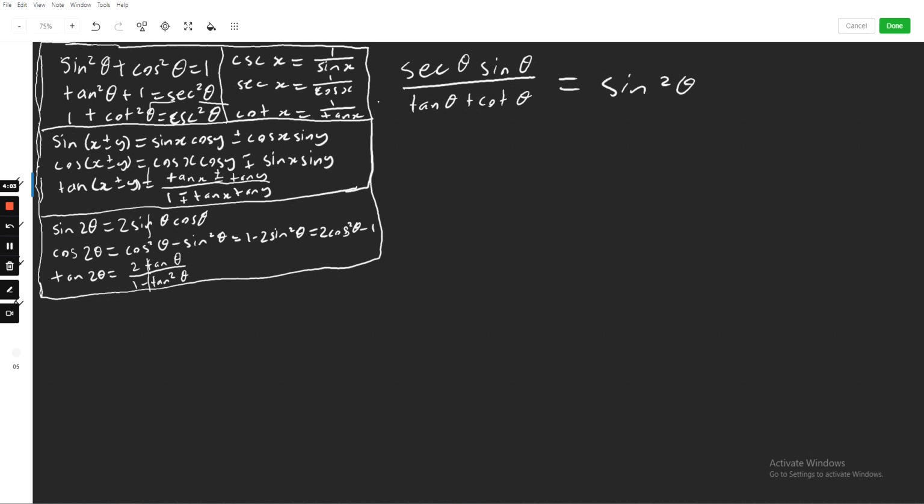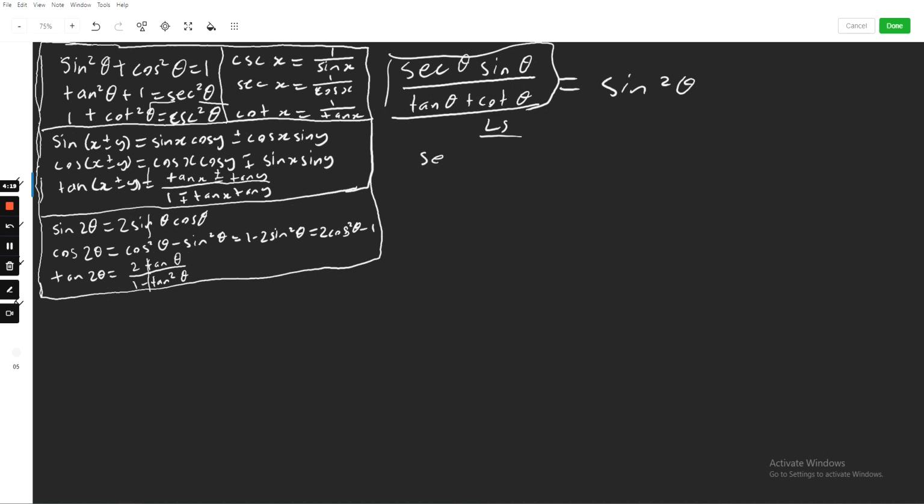We'll choose the left side because it's more complicated. So left side, we can just label as left side. First, I feel we could simplify the denominator into one fraction.